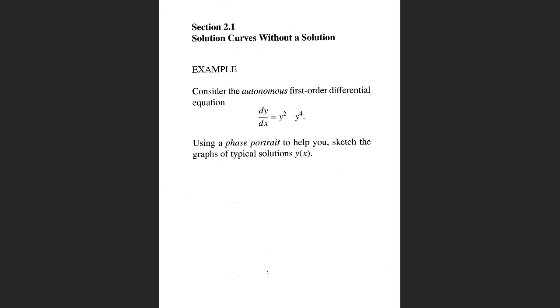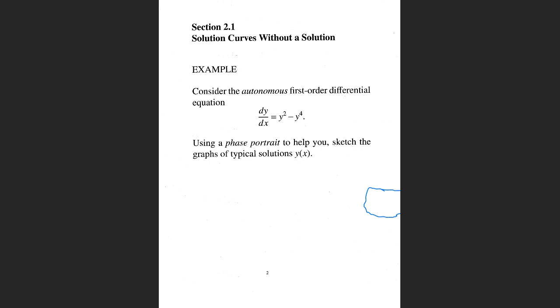In this problem, we have what's called an autonomous differential equation. Autonomous means that the right-hand side of the differential equation, which you're used to thinking of as dy/dx equals some function of x and y, is a function of y only. Here our function is y squared minus y to the fourth.